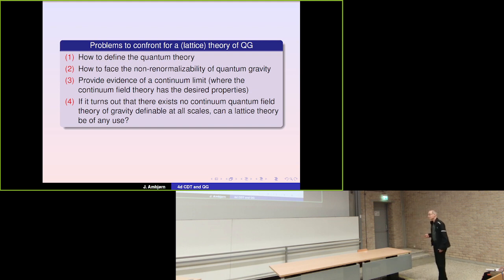And we have to face the non-renormalizability of quantum gravity, and we have to provide evidence, as I said, of a continuum limit, and that this continuum limit has the desired properties of whatever theory we think about.